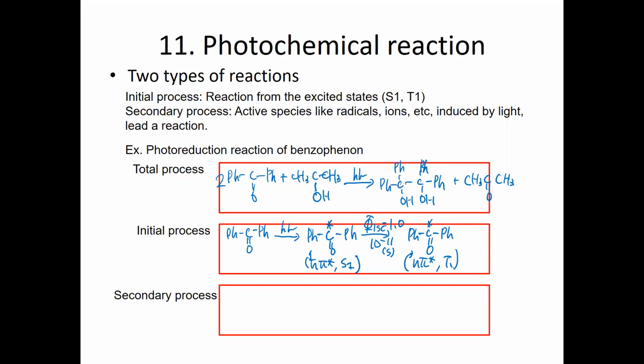And then this molecule easily captures a hydrogen, a proton.